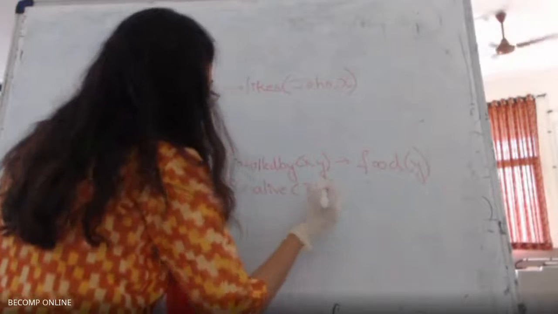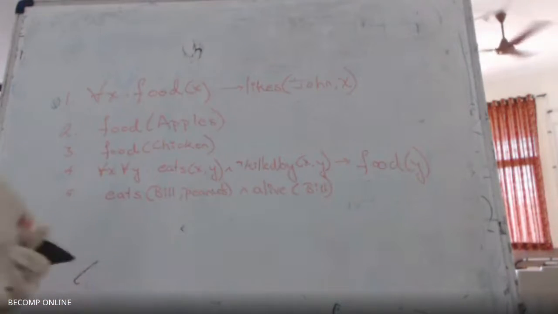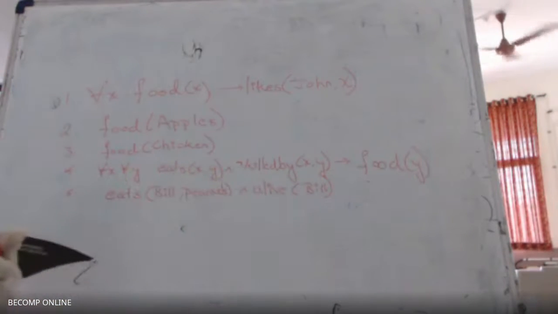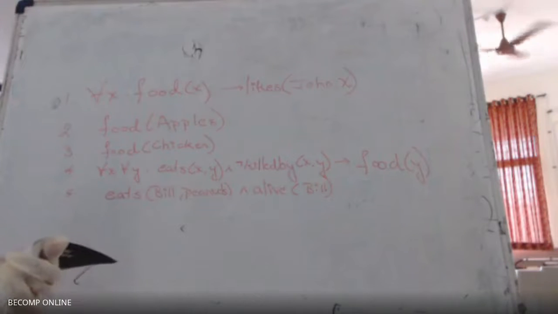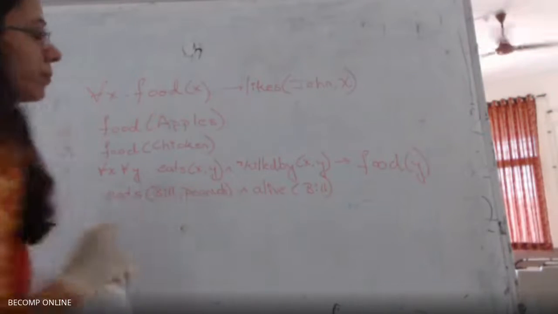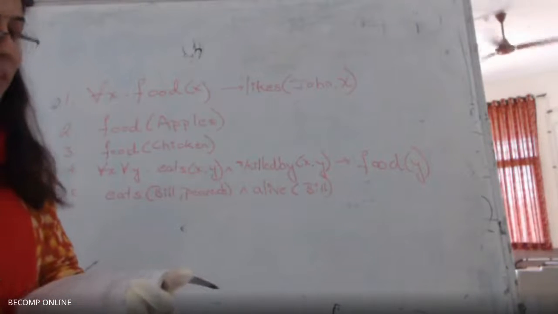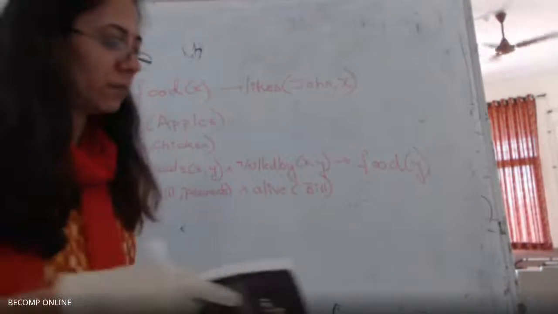I'm asking all of you. There is a mistake I have committed in this. Can I use alive? Because what the sentence is? Bill eats peanuts and is still alive is the sentence.